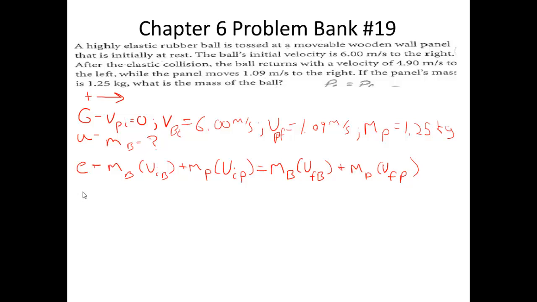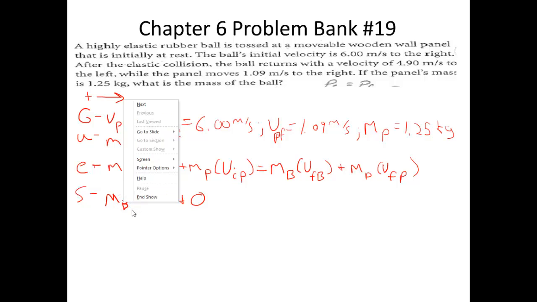Substitute in what we're given. We'll see that because the velocity of our panel is 0, our momentum will be 0. And we're looking for the mass of the ball. Our initial velocity of the ball was 6.